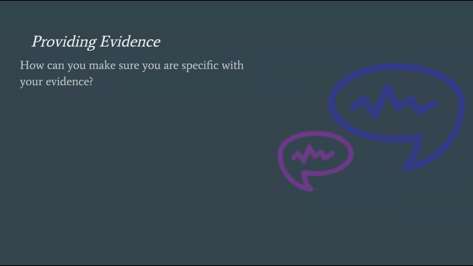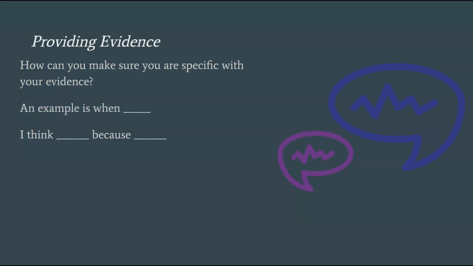How can you make sure you're specific with your evidence? Okay, again, specific quotes, specific details can certainly help. One way to start your sentence is, an example is when. Okay, if you're saying a certain character trait, I know this person is kind because in the book, an example of them being kind is when, and then talk about that. I think this because, tell us what you think and explain why.